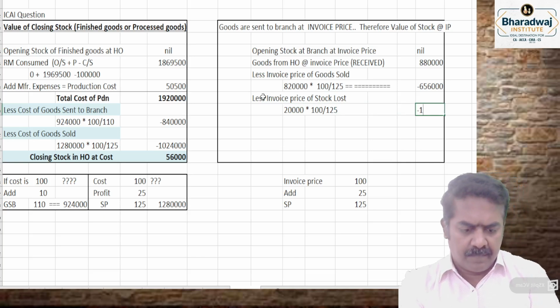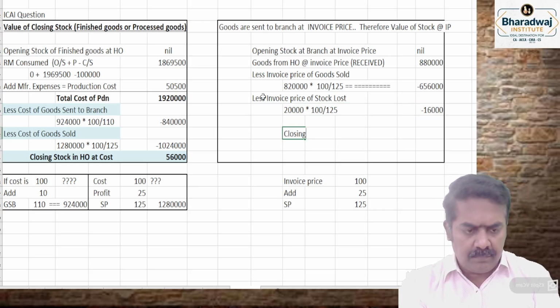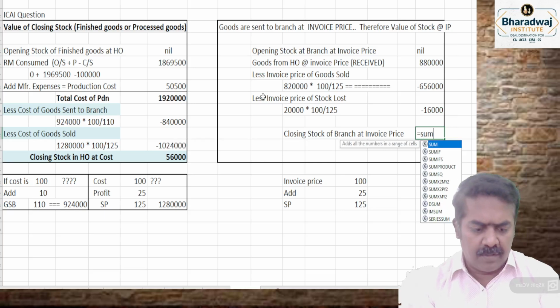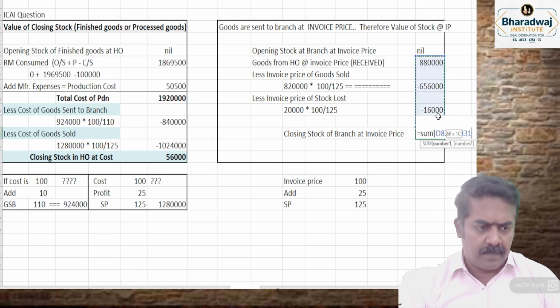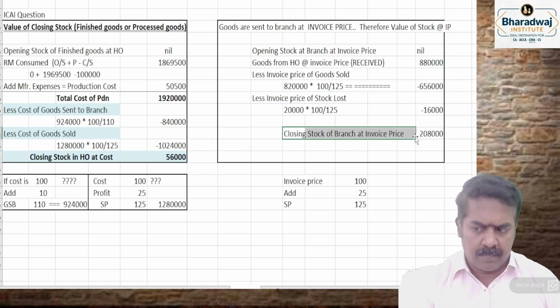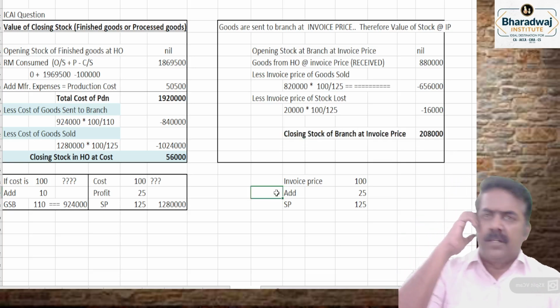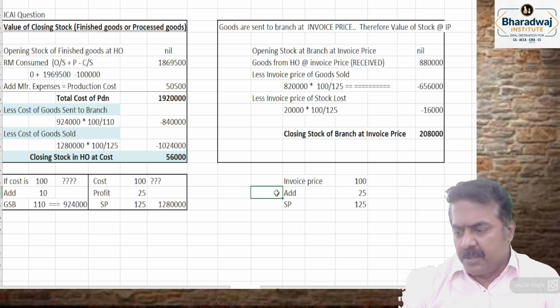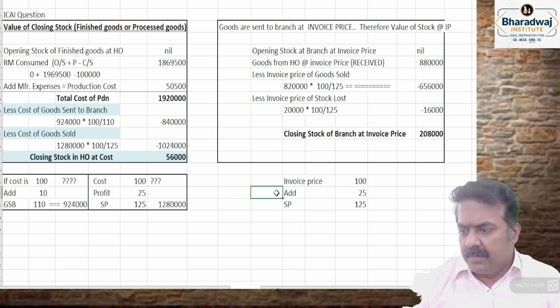This will give us the closing stock of branch at invoice price. Normally this will be given in the question, but here it is missing, so we worked out all these things. Now we can prepare the Trading P&L.